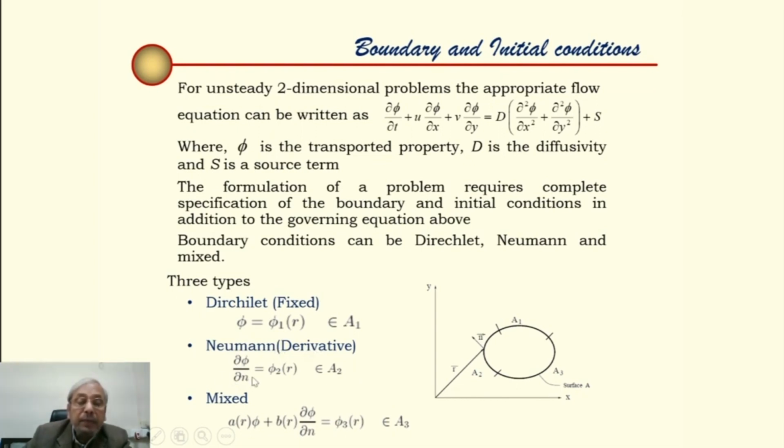The derivative of the dependent variable, in this case temperature, is known. And next is the mixed condition, which is basically given in this form. So these are the possible boundary conditions we will come across.